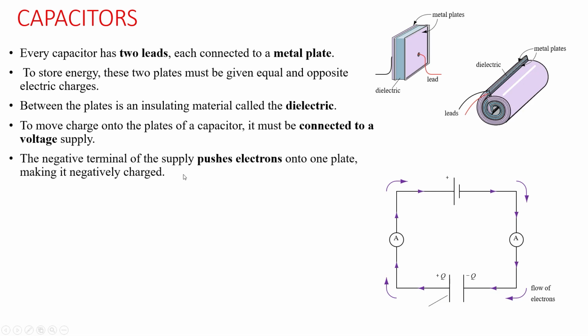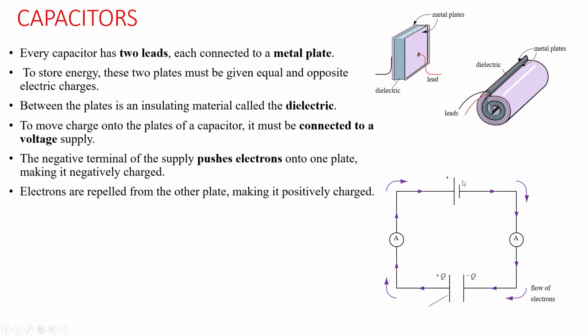The negative terminal of the supply pushes electrons onto one plate, making it negatively charged. So the negative terminal of the power supply provides negative charge to the negative plate of the capacitor. Electrons are repelled from the other plate, making it positively charged.